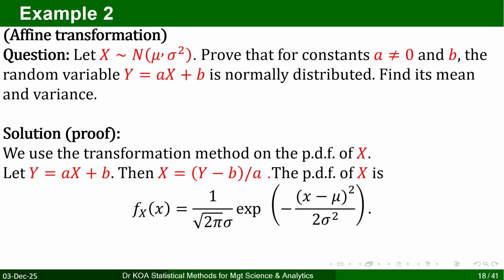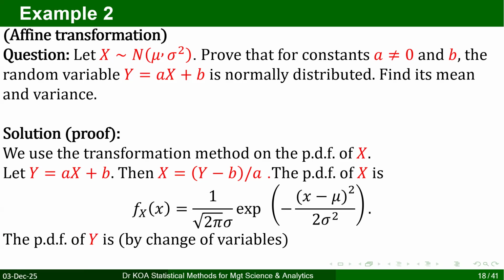Instead of X, we are going to put in what? Y. Because wherever we see X, we are going to substitute that with Y. So the probability density function for Y, by changing the variables, is going to be this.